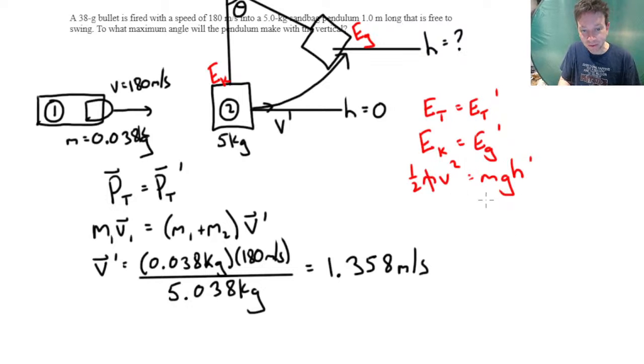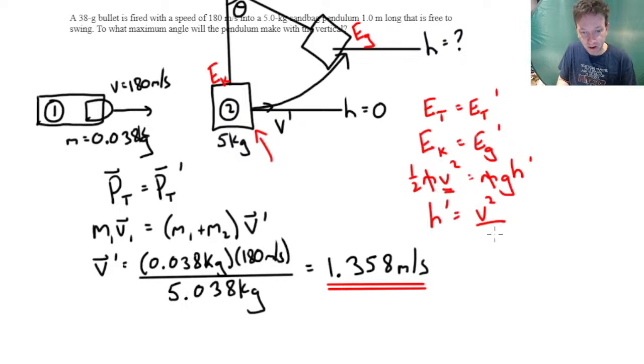Our masses will cancel because they're both the combined masses of our bullet and our sandbag. This v here is the v that we calculated, the velocity they're moving together right after the collision. So we're trying to solve for h. If we rearrange for h prime by dividing by g, we get v squared over 2g.